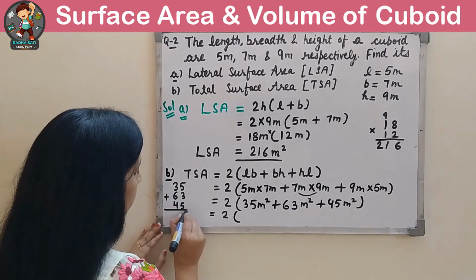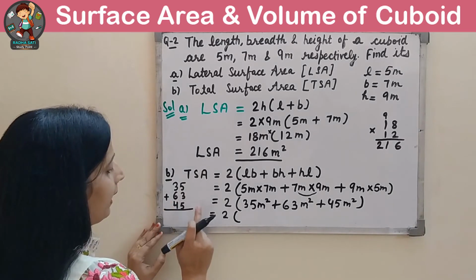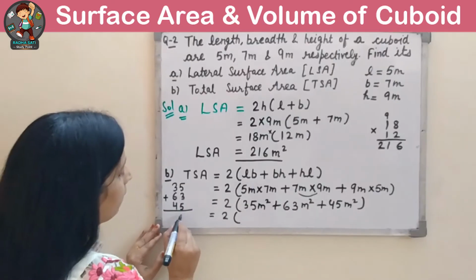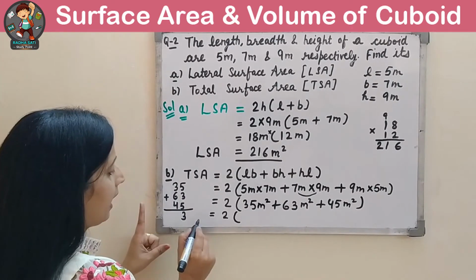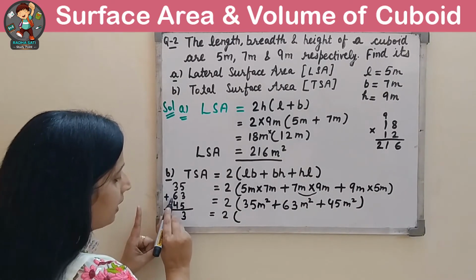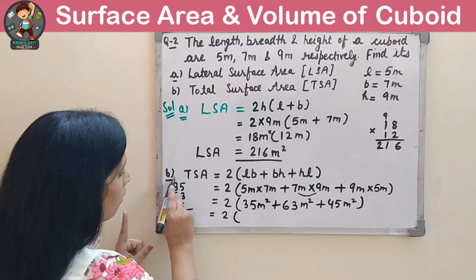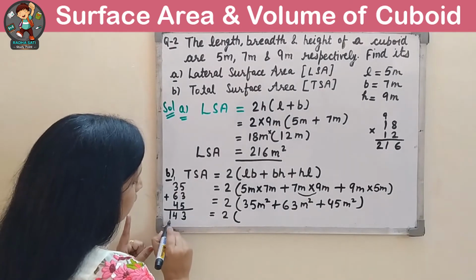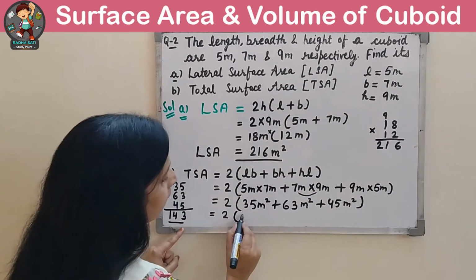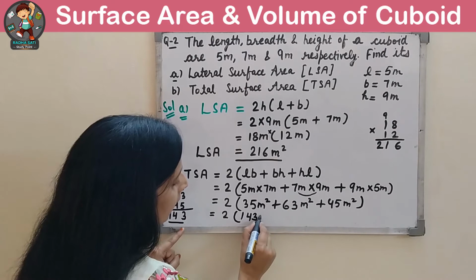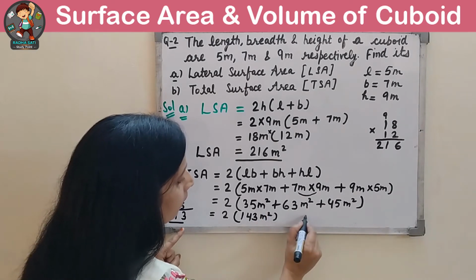Add these three. 5 plus 5, 10. 10 plus 3, 13. 3 we will write, 1 we will carry. 3 plus 6, 9. 9 plus 4, 13. Plus 1, 14. This is 143 meter square.